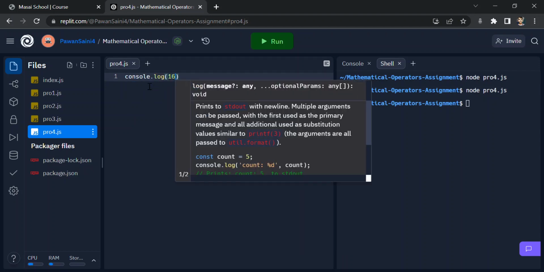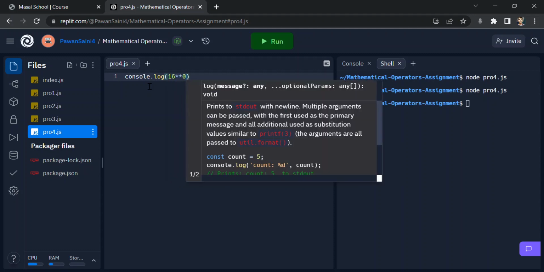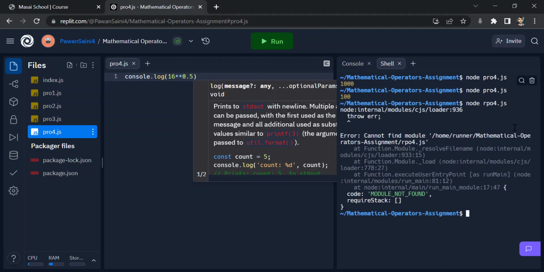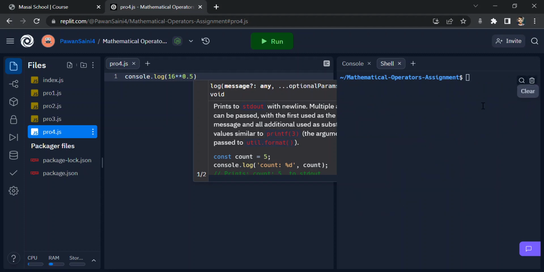Okay, 16 to the power 0.5. Let's run this. Sorry, let me run it again. Now you can see the output, which is number 4.